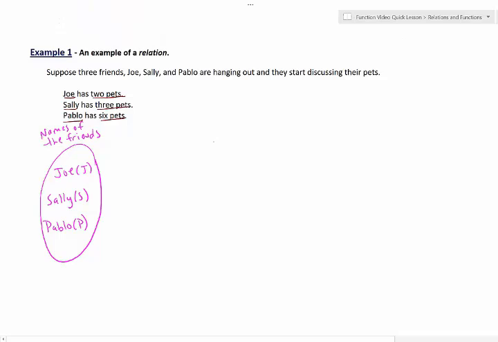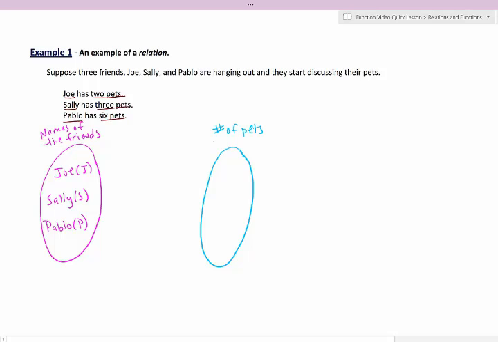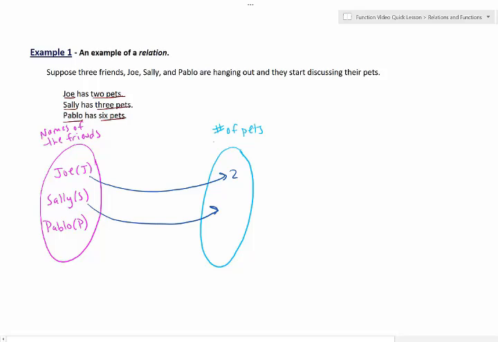Now, of course, each of these friends have some pets. So over here, I'm going to make a little diagram to keep track of the number of pets that each of these people have. Of course, we know Joe's got two pets. Sally, three pets.